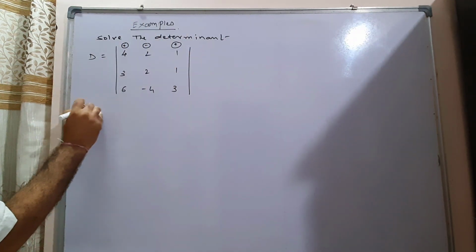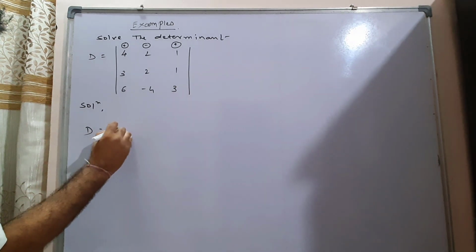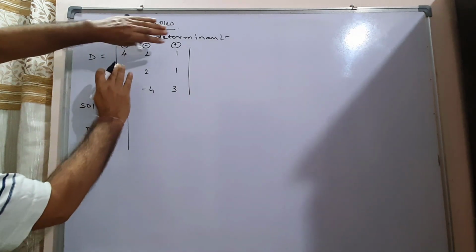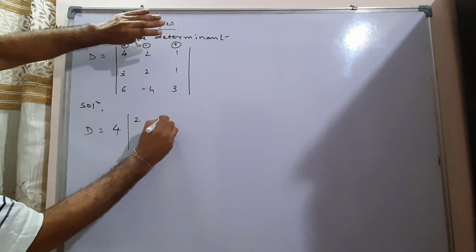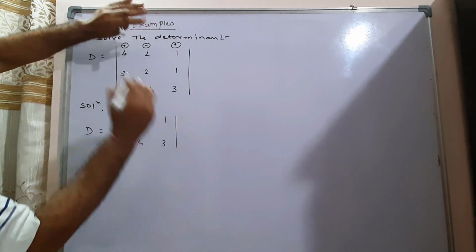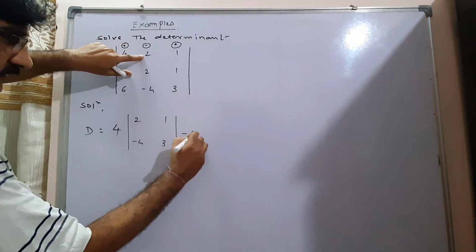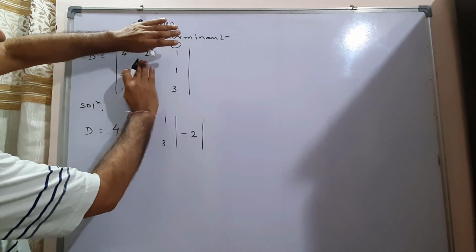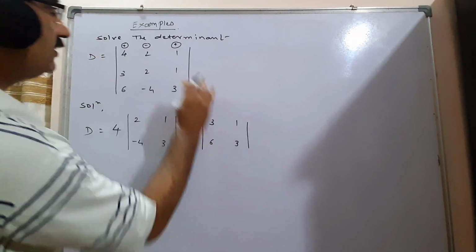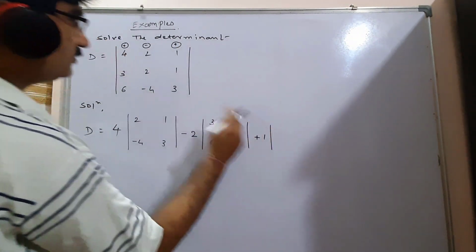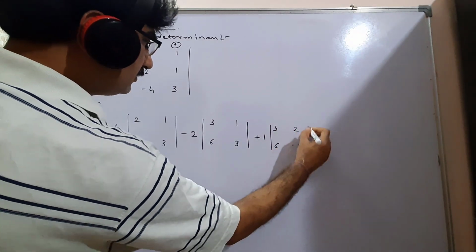Now how to solve? We write the solution D. First element, that is 4. As per our rule, we hide this row and this column and write down the remaining elements in the form of a determinant. Second one is minus sign, so we write minus 2. Drop this row and this column: 3, 1, 6, 3. And the sign of the third element is plus. Drop this row and this column, so it is 3, 2, 6, minus 4.